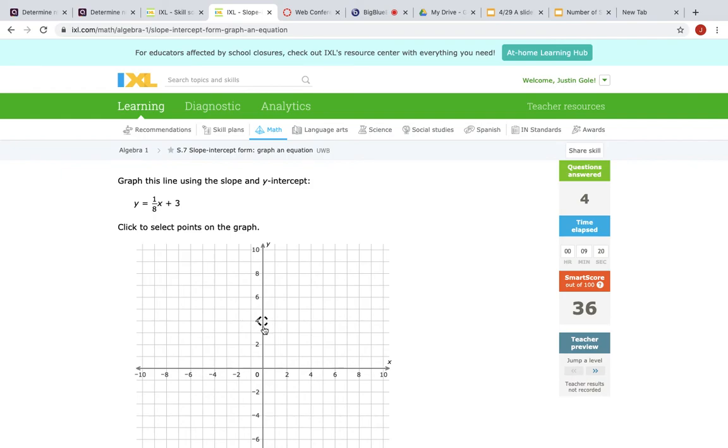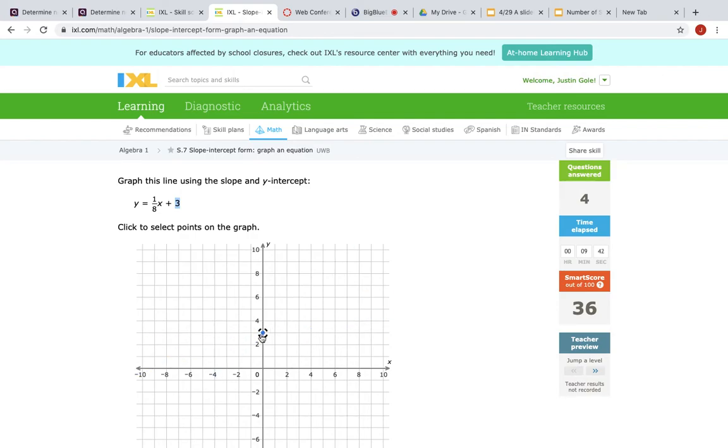Let's try the same thing here with a positive slope. So first I'm going to plot my y-intercept, which is 3. So think about it. If I have a positive slope, up 1 and over 8 is what I would normally do. Those are two positive moves.